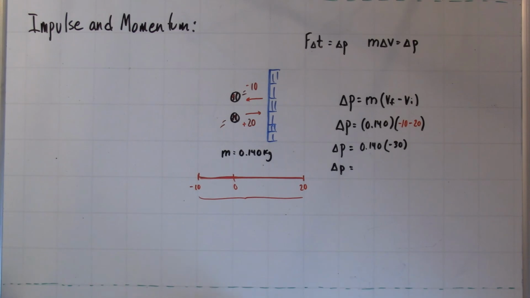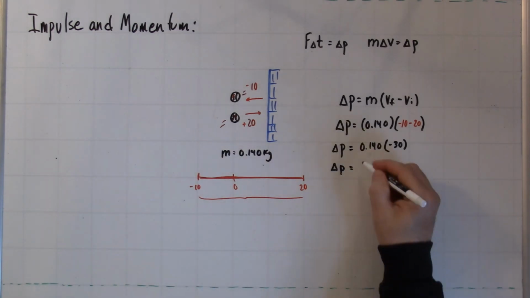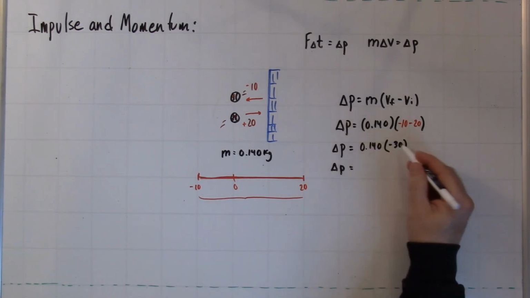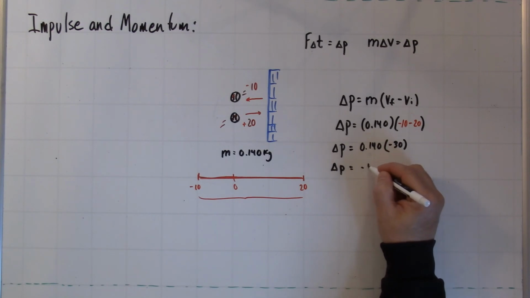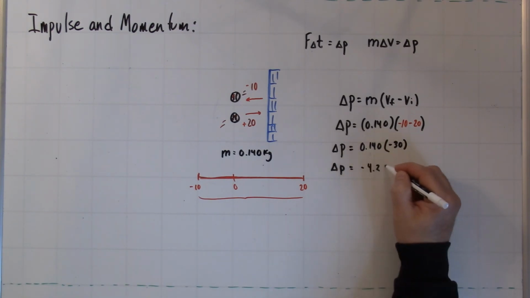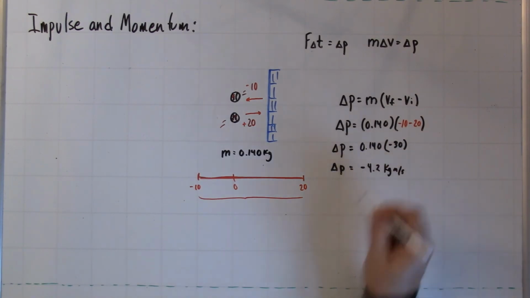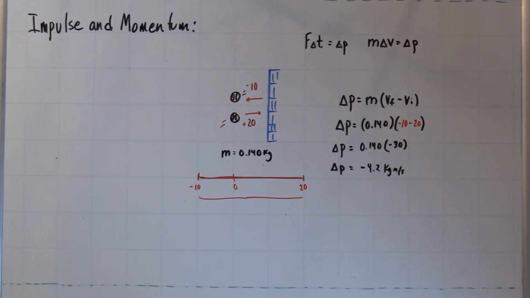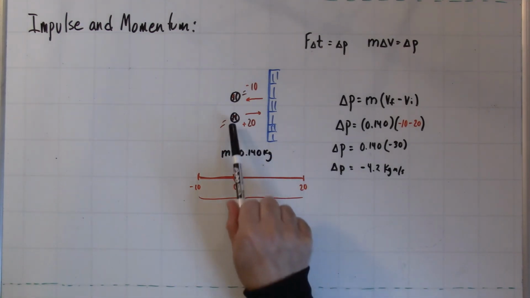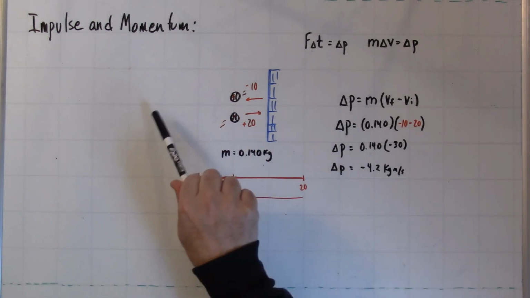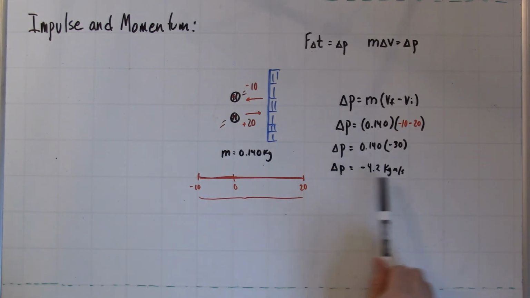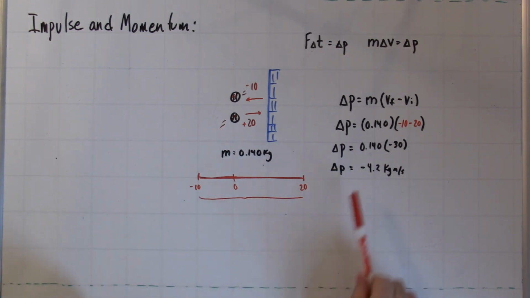So it turns out that that change in momentum is negative 4.2, and again that's kilograms meters per second. It's a silly unit, but that's what we have. Now, it's negative because it had a lot of positive momentum to begin with, and it has a lot of negative momentum. So it's a large negative change in momentum. So now we have the change in momentum.